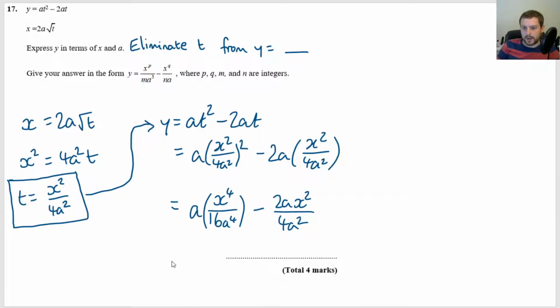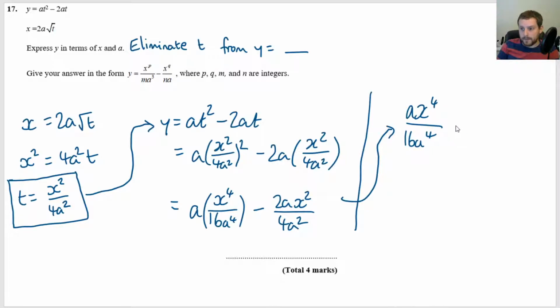And then we can do some simplifying. So I've got AX to the 4 over 16A to the 4 minus, let's divide top and bottom by 2 and divide top and bottom by A. So I've got X squared over 2A.